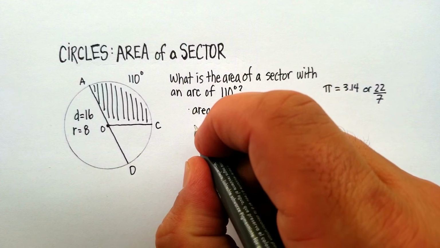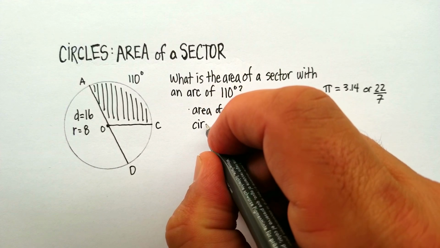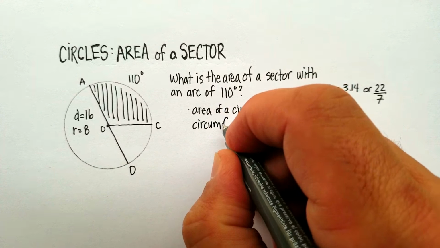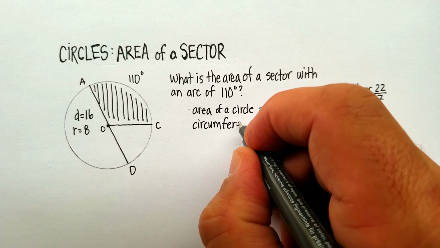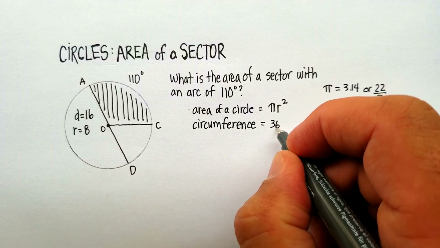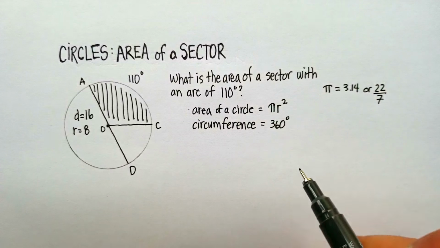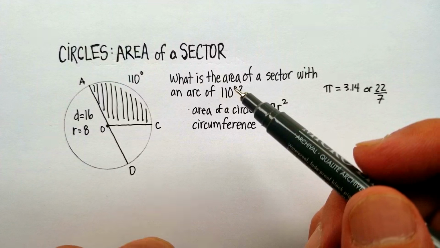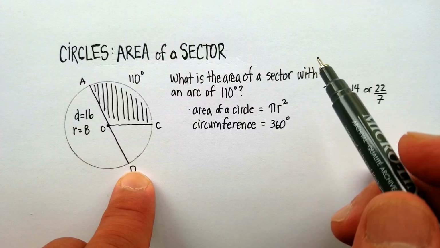We know that the circumference of a circle, right, is 360 degrees. Now, why is that important? Well, we know that a lot of math is worked on proportions, right?